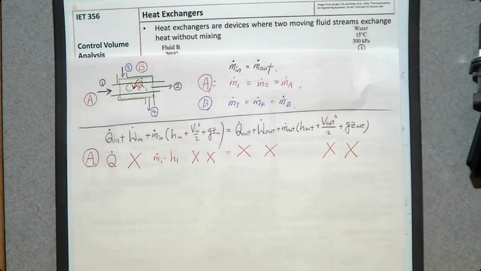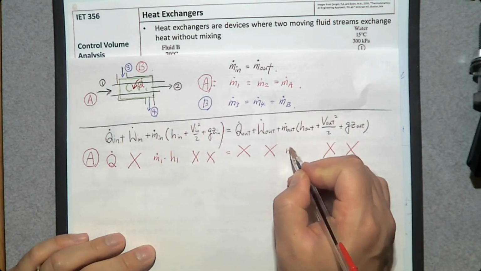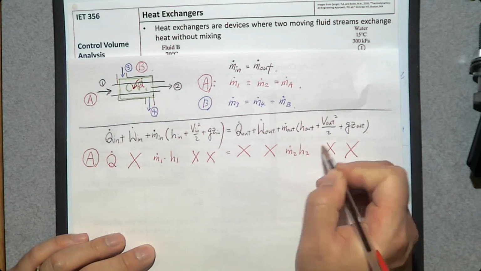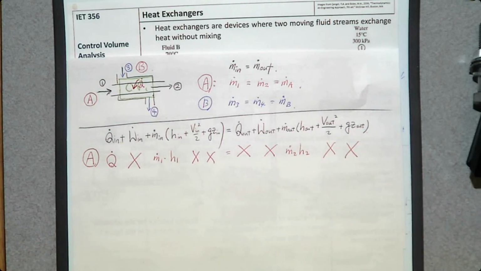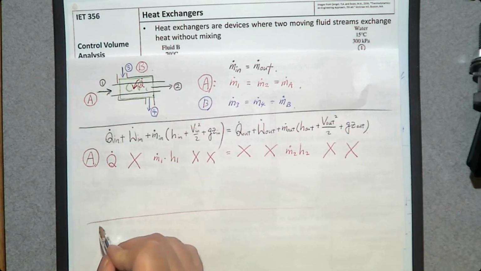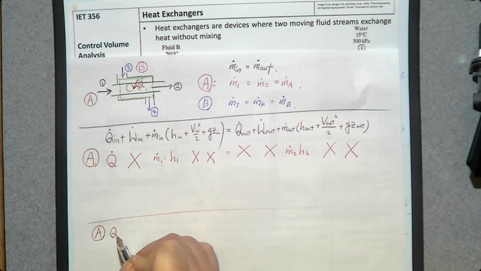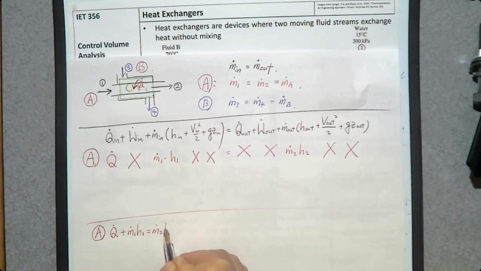What is the exit? Number 2 for fluid A. M dot number 2, h2. So that is the energy balance equation for fluid A. I'm going to say right here for fluid A, the energy balance equation is Q dot plus m dot number 1, h1 equals m dot number 2, h2.